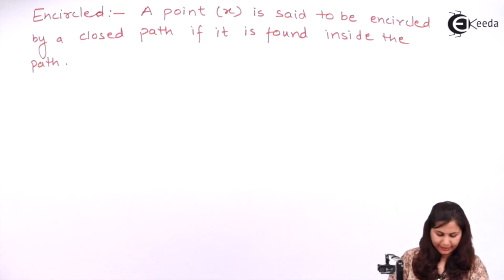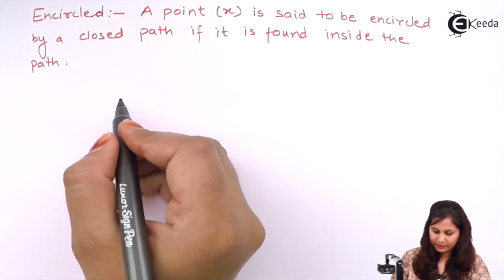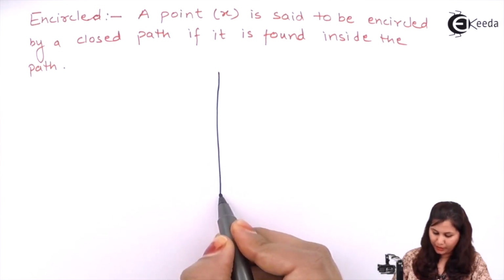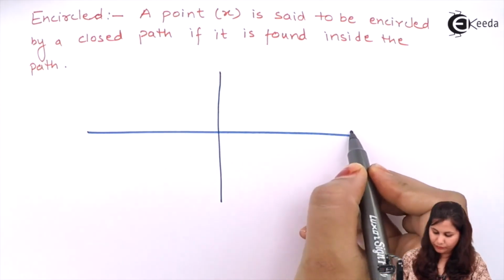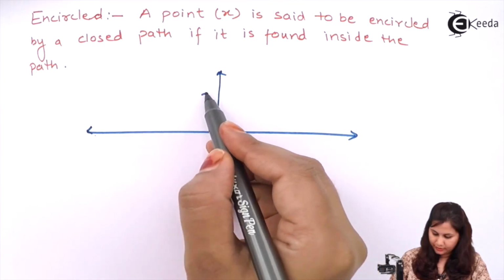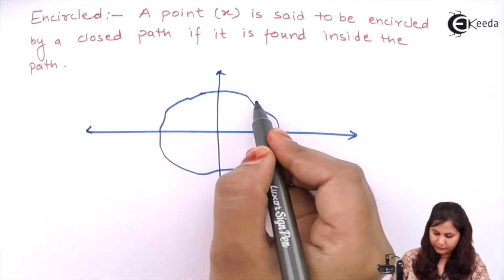Okay, let's take an example. We have a point which is lying inside the closed path. So this is a closed path.